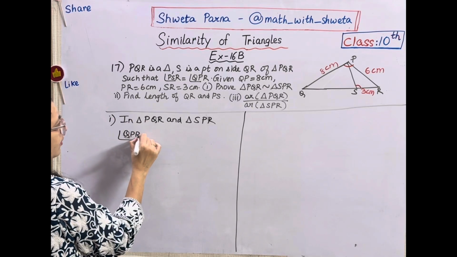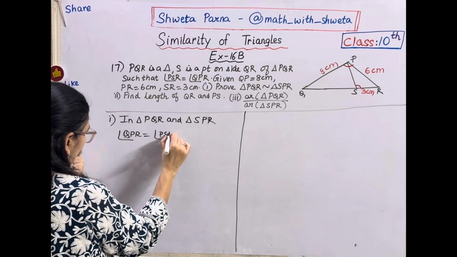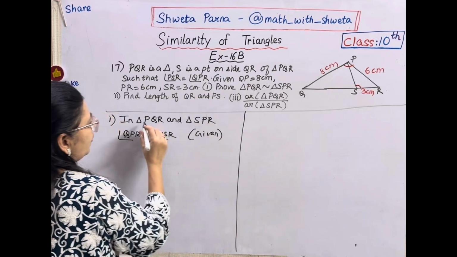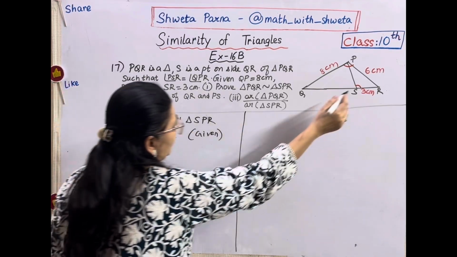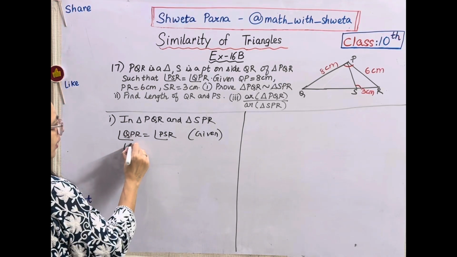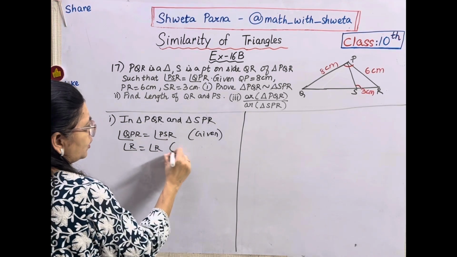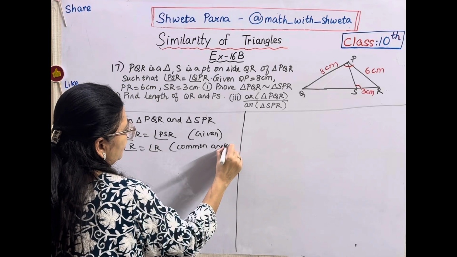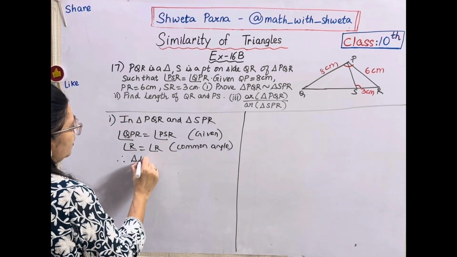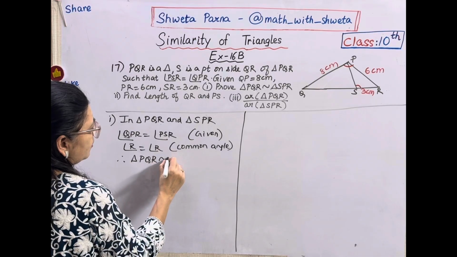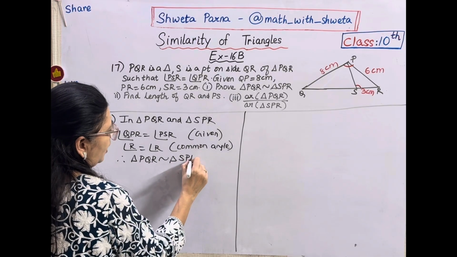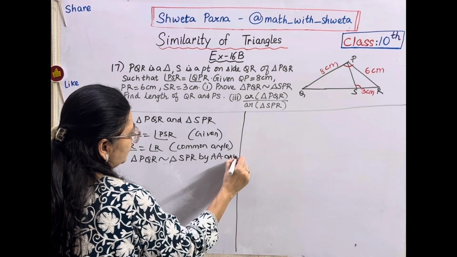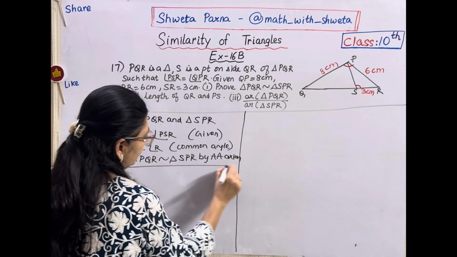Angle QPR is equal to angle PSR. This is given in the question. Now, angle R is common. So angle R is equal to angle R, which is a common angle. Correct? Therefore, triangle PQR is similar to triangle SPR by the AA axiom test of similarity. I hope this part is clear.